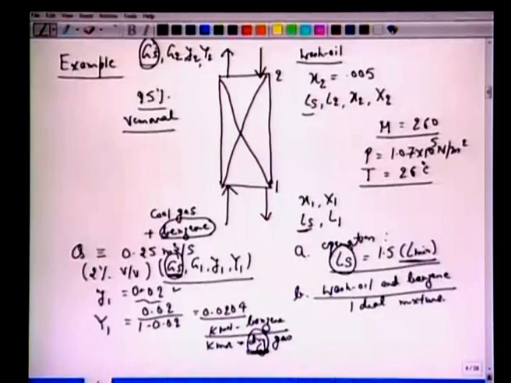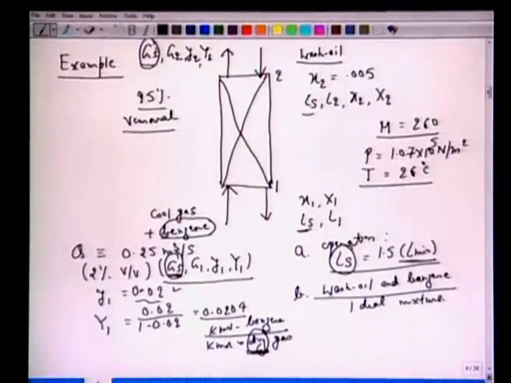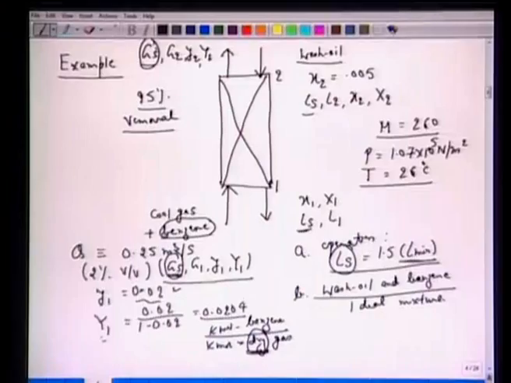Generally it's used to say that a gas or stream is dry or wet, but not necessarily that it contains moisture. It specifies the solute, which could be anything other than moisture. Okay, so Y1 is known here.